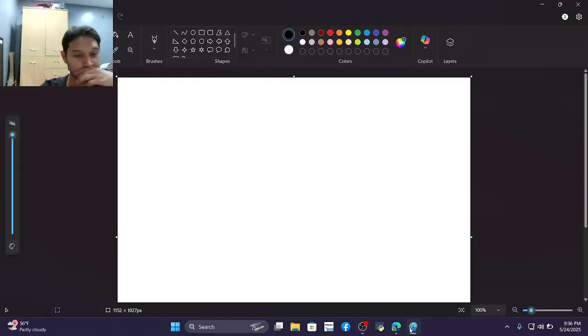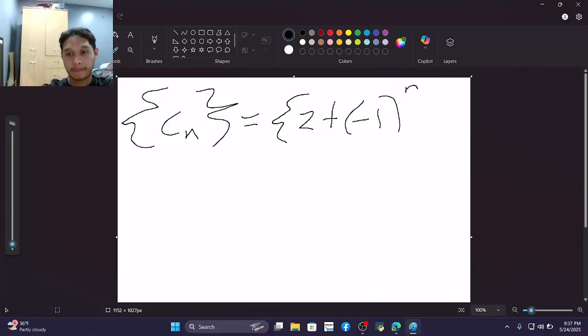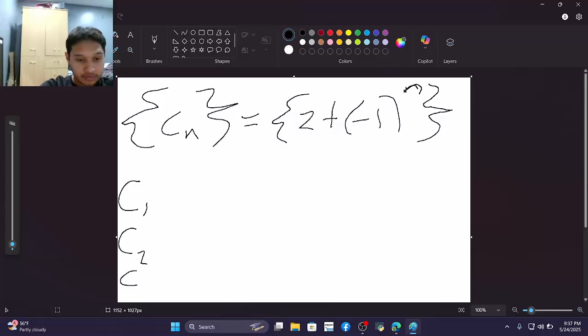For the last one, we will use a sequence that is neither increasing nor decreasing. We can start by writing c sub n equal to 2 plus minus 1 to the power of n. We can write here sub 1, sub 2, sub 3.